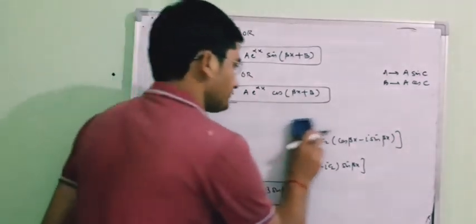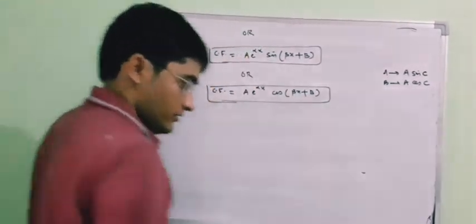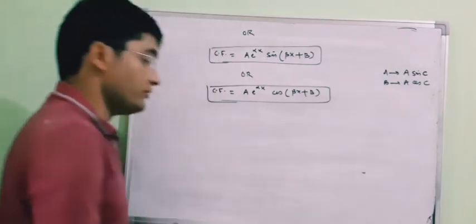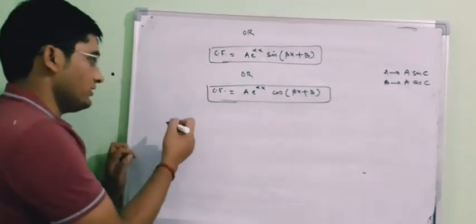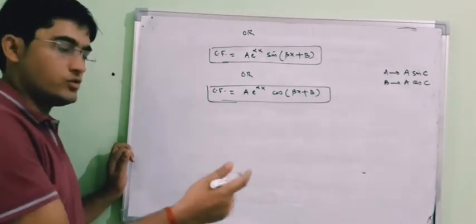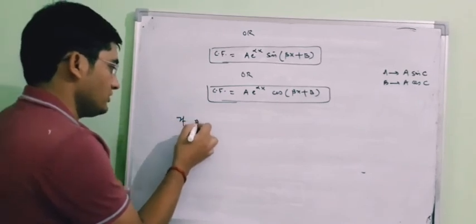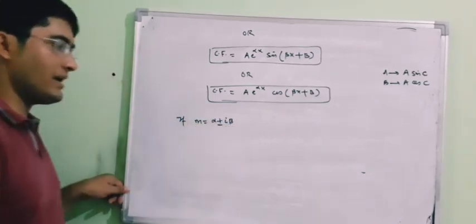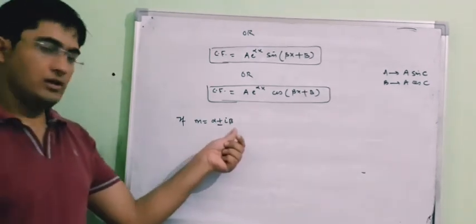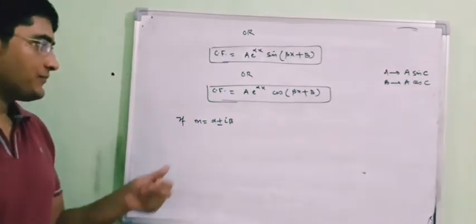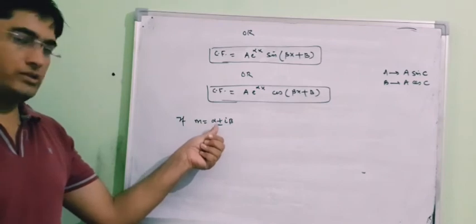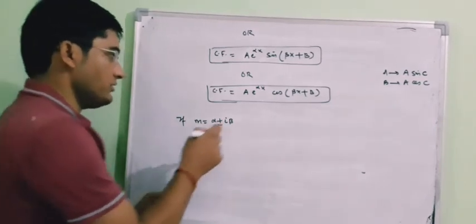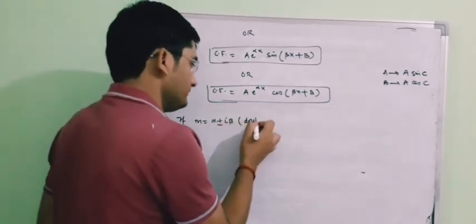Now suppose the roots occur in a pair, that is, m equal to alpha plus i beta and alpha minus i beta occur in double, so the root is repeated.